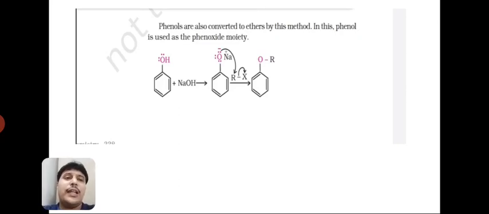One group is phenyl, another group is alkyl. Suppose there is a question: convert phenol to methoxybenzene. Then instead of RX we can use CH3Cl, and we get methoxybenzene. So here instead of R we can write just CH3. The common name of methoxybenzene is anisole, and this is a very familiar name.